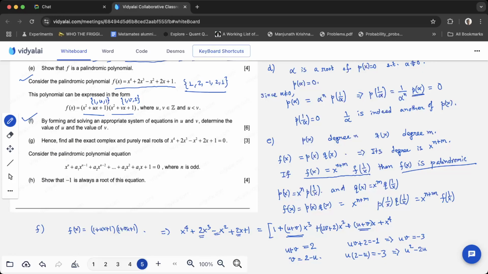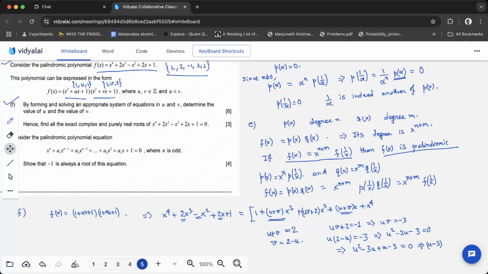So we get u squared minus 2u minus 3 equals 0. The middle term can be written in terms of the factors as -3u plus u, minus 3. And we have u minus 3 times u plus 1 equal to 0.